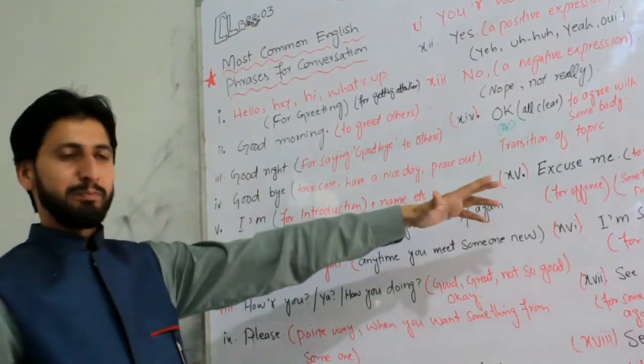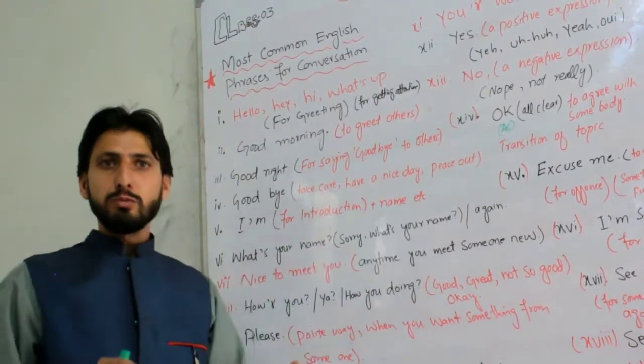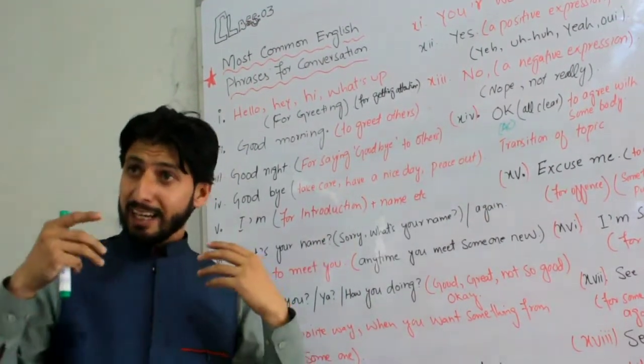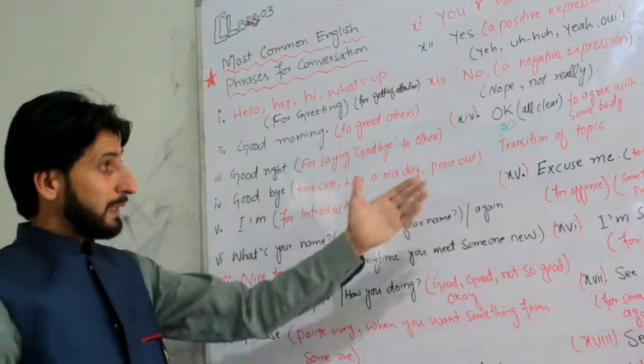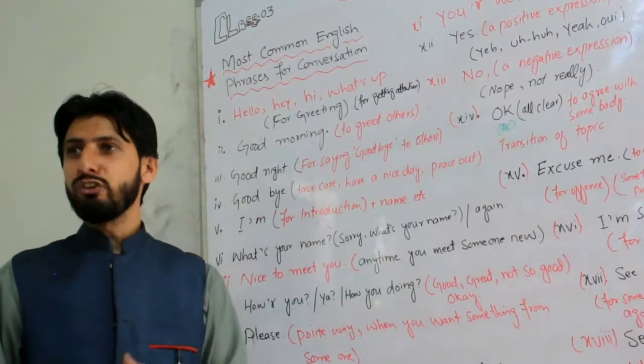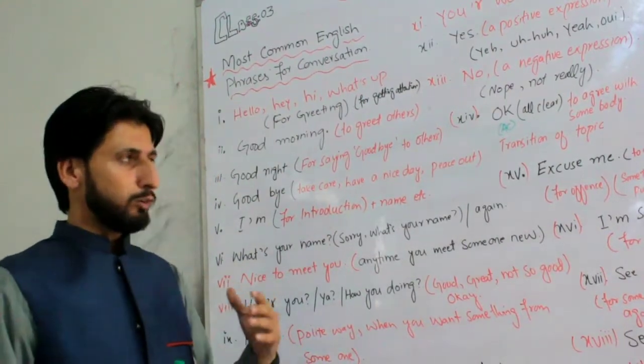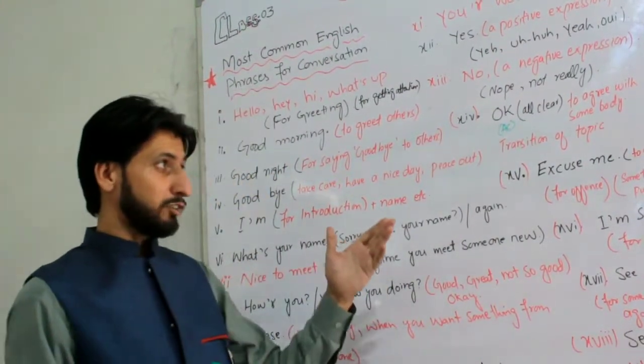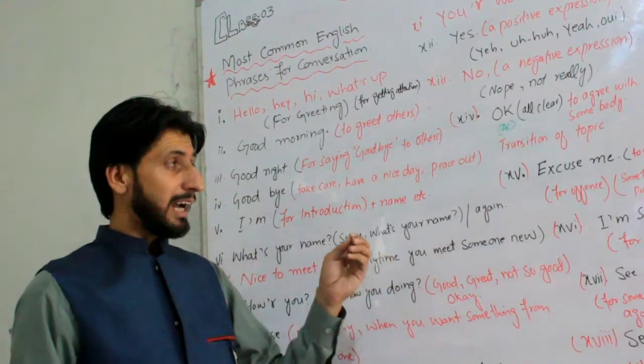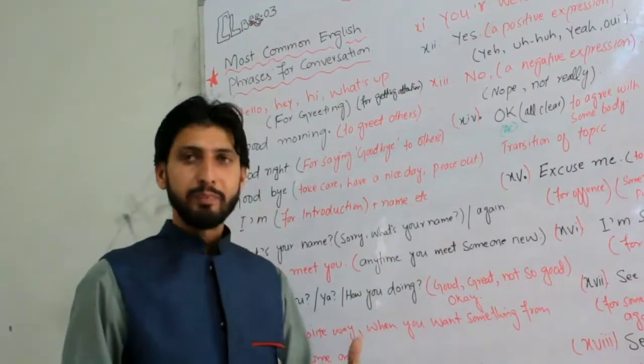Next one is excuse me. Excuse me is another important expression for beginners. If you are a beginner, you want to learn English and you want to be fluent in English, this is another commonly used expression. It is used to get attention.